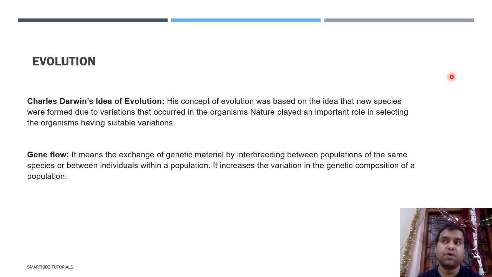Then we moved on to variation, learning about evolution and the mechanisms of evolution, and how we used the beetles, the blue beetles, the green beetles, the red beetles, to understand the various concepts of evolution, how variation brings about evolution, and how evolution leads to the formation of new characteristics, new traits, and even new species.